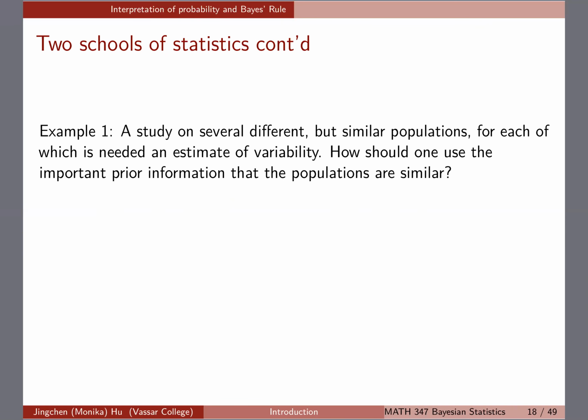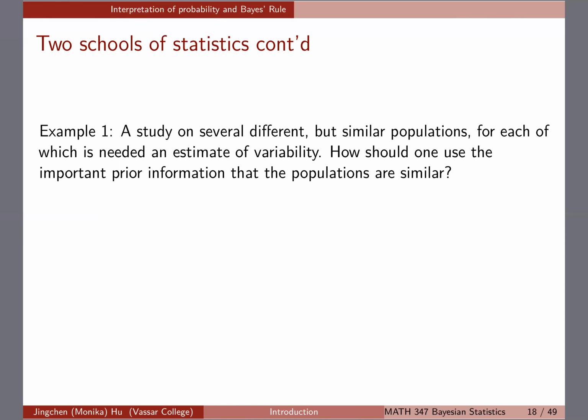Let's say on Vassar campus, we want to know the variance of the number of siblings students have. Okay, let's say that's the research question. And let's assume that we want to get the variance for each of the class years. Okay, first year, sophomore, junior, and senior. So this is looking at similar populations, right?